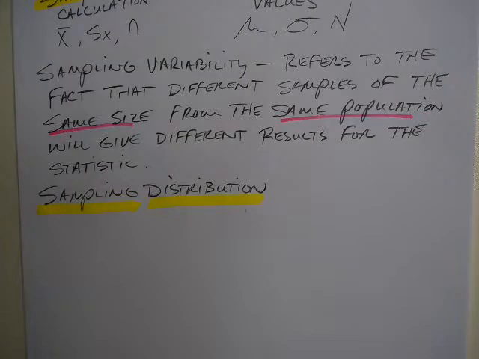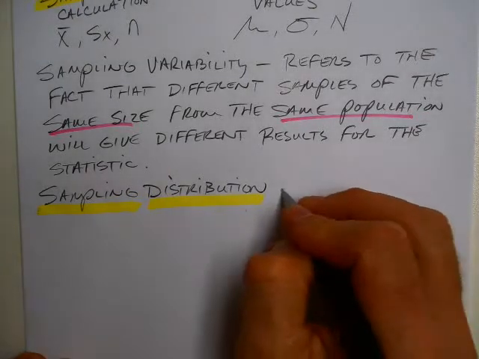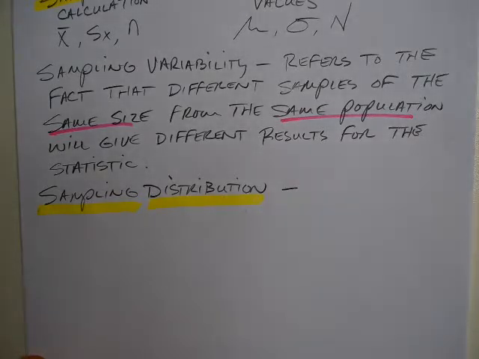And then when I did figure it out, it was one of those light bulb moments like, oh, I get it now. Sampling distribution is the distribution of values taken by a statistic in all possible samples of the same size from the same population.